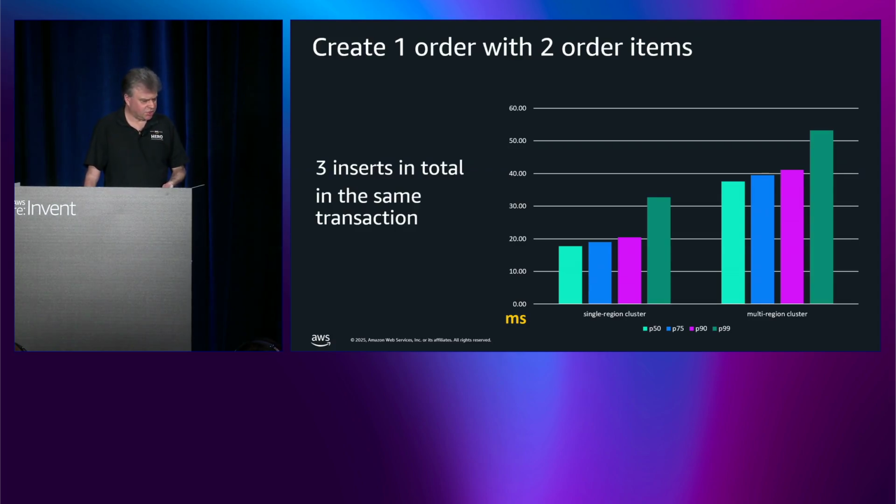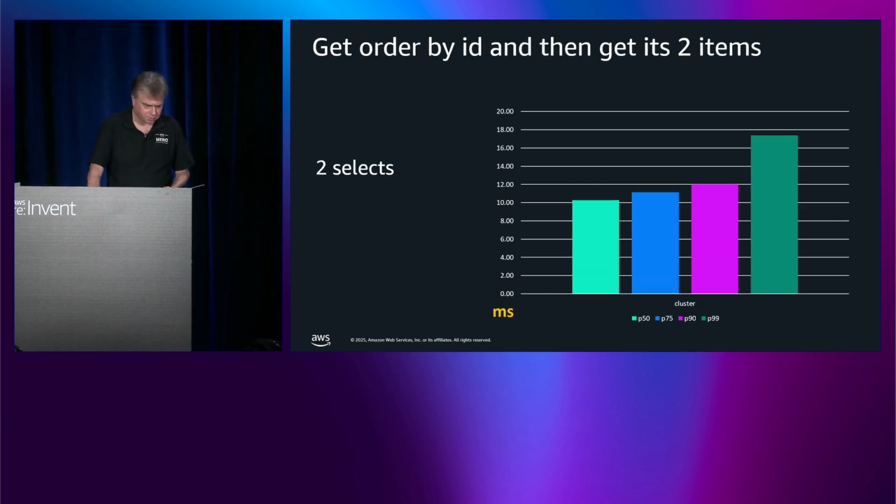And you see, for P90, for a single region cluster, it's 20 milliseconds or so, and for a multi-region cluster, 40 milliseconds for three inserts. So considering a single region cluster, it's about 7 milliseconds per insert, which is, I would say, okay. It's comparable to DynamoDB. For a multi-region cluster, it needs to commit in another region, so the performance is about twice as slow, which is a normal thing in case you need multi-region.